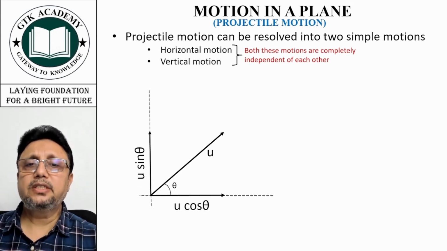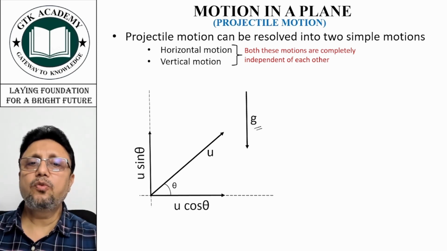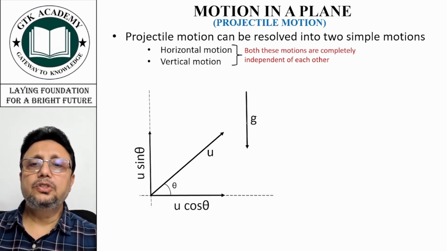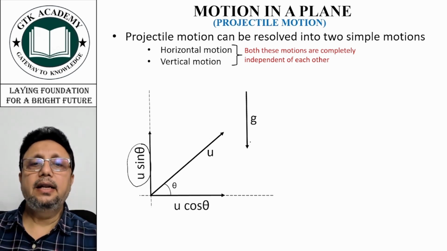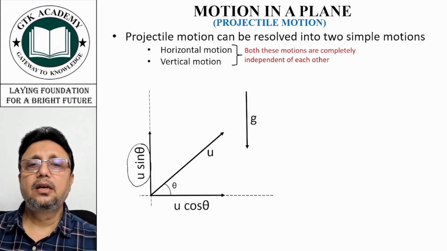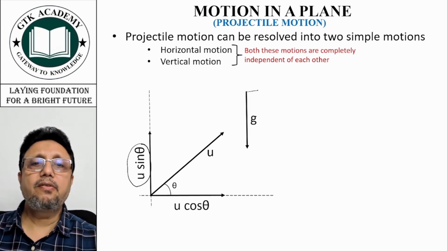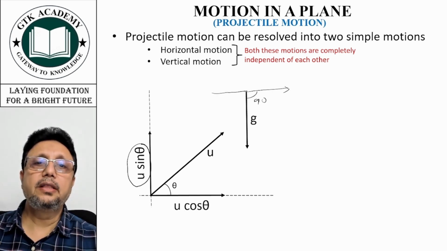Now what is the force or acceleration here? It is g in this direction, vertically downwards. Now g is opposing u sin theta, and there is no component of g in x-axis direction because it is perpendicular to it; you can't have a component of g in this direction because this is 90 degree, or in this direction because this is also 90 degree.